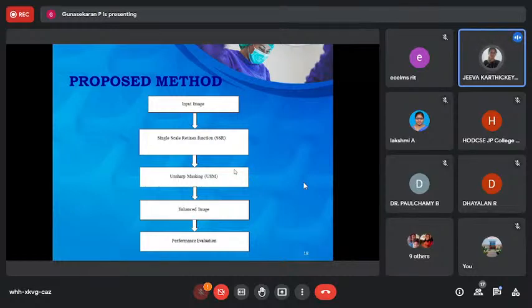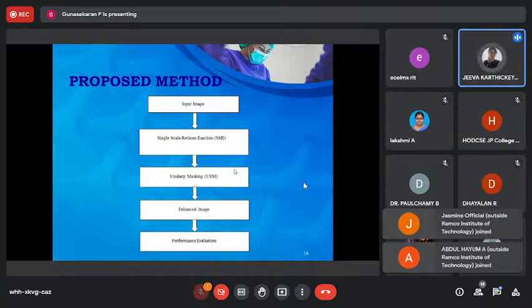This is the first step. Then the output of the single scale Retinex function is given to the unsharp masking. The unsharp masking technique is used with various nonlinear filters like Wiener filters and logarithmic filters. Here unsharp masking is used to enhance the detailed features. We use unsharp masking followed by the single scale Retinex, and after that we get the enhanced image.